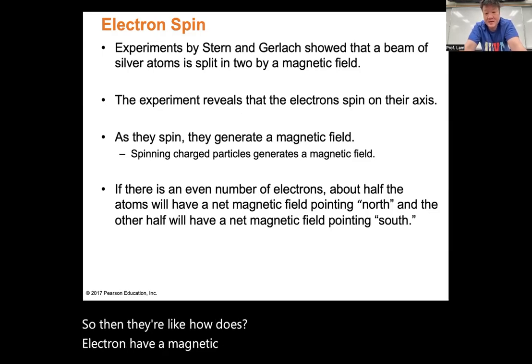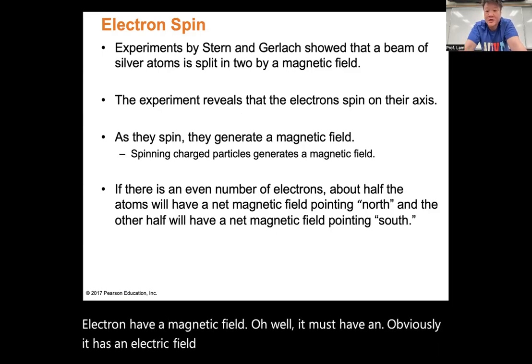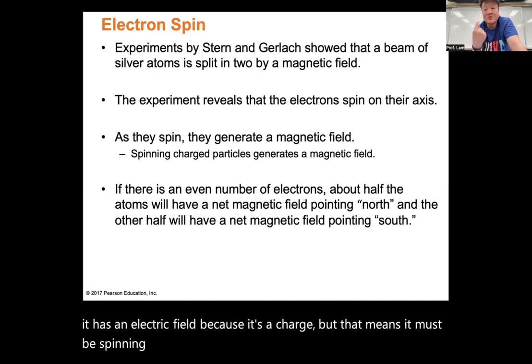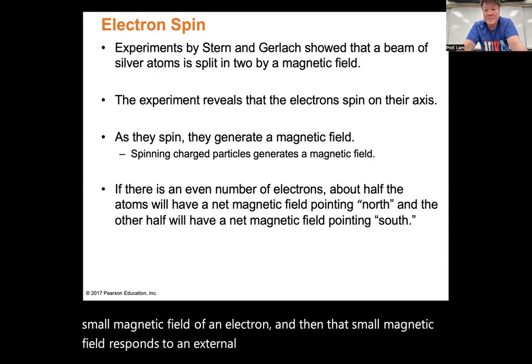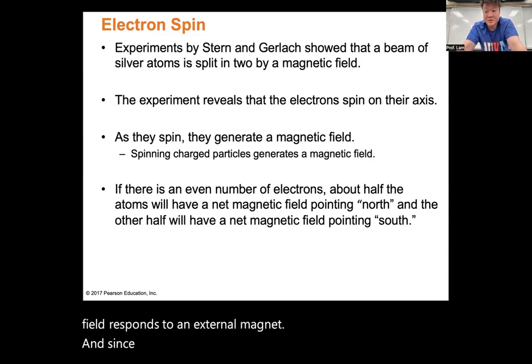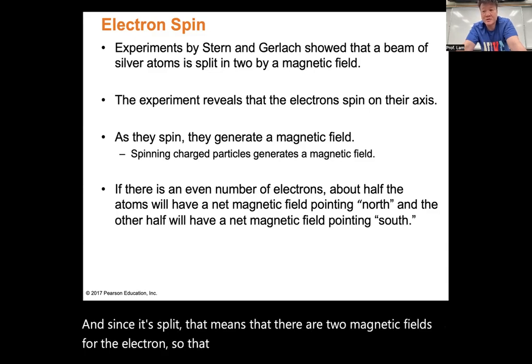Obviously it has an electric field because it's charged, but that means it must be spinning. So the spinning electric field is what generates the small magnetic field of an electron. And then that small magnetic field responds to an external magnet. And since it's split, that means that there are two magnetic fields for the electron.